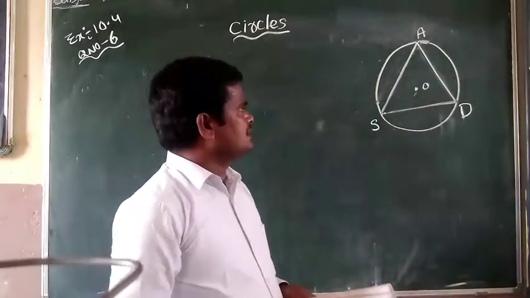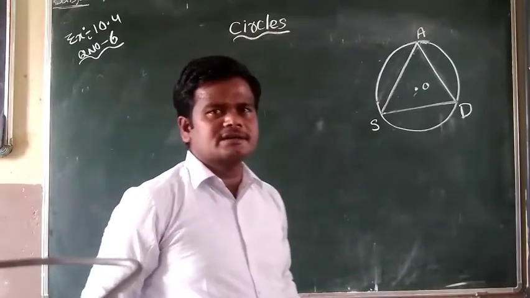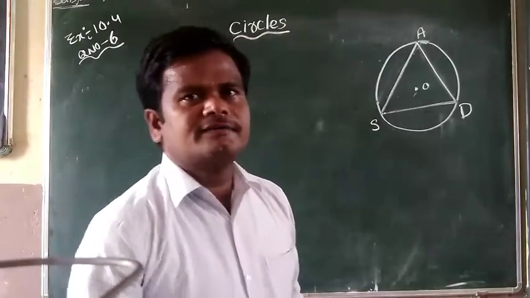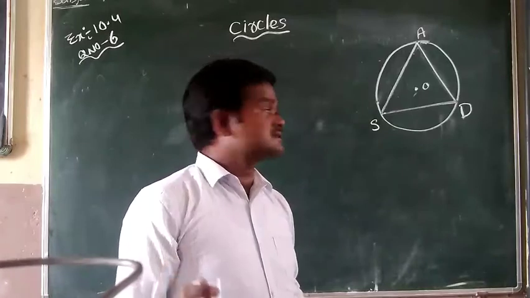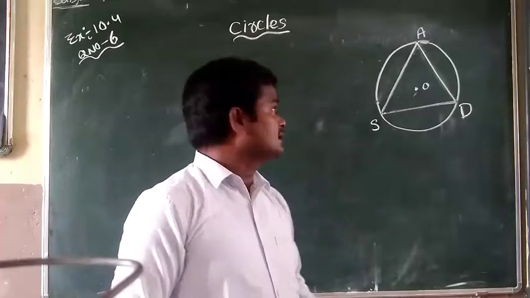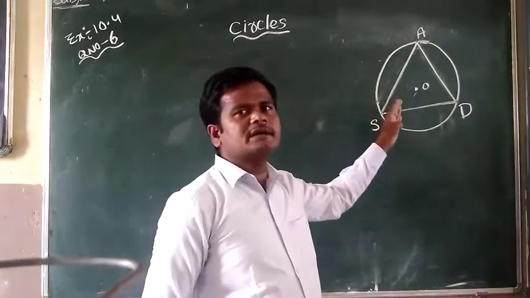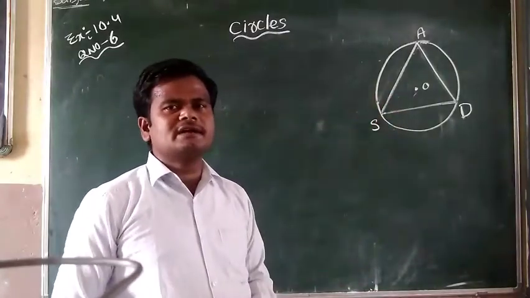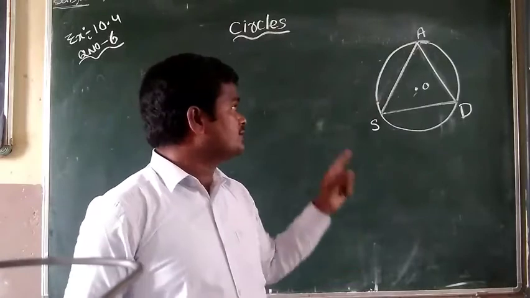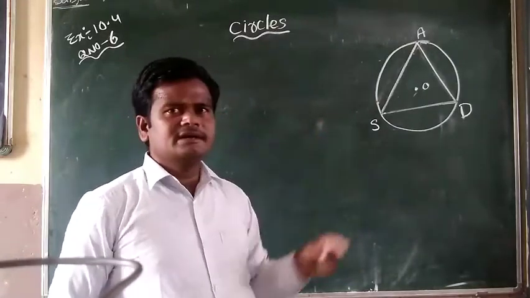We need to find AS, SD and AD. The radius of the circle is given as 20 meters.